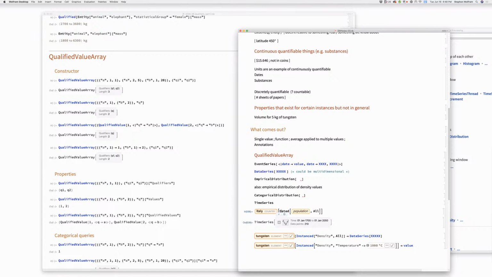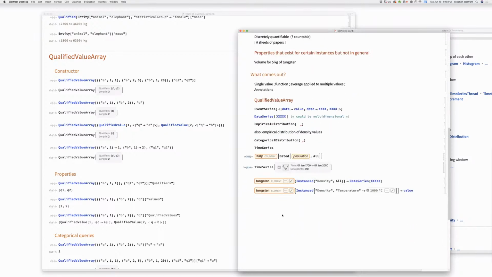Technically, this probably can work. I find it slightly unnatural from the viewpoint that it's not a density data instance, it's a tungsten data instance. And as we discussed yesterday, it should be flexible with respect to moving the instance over to the head. So that would be instanced of tungsten, comma, all density. It's a bad name, but that would also return a data series.